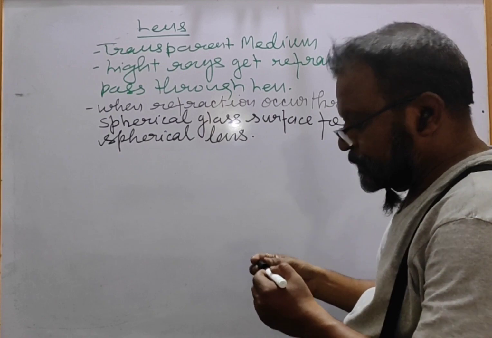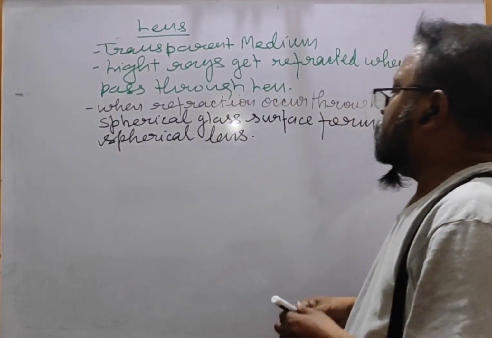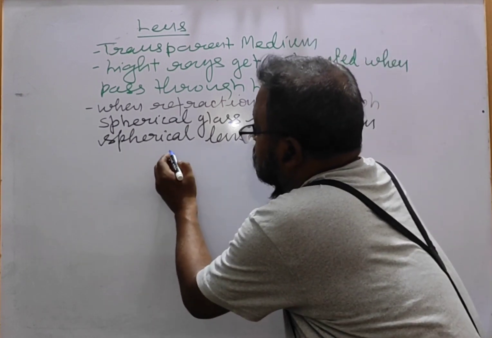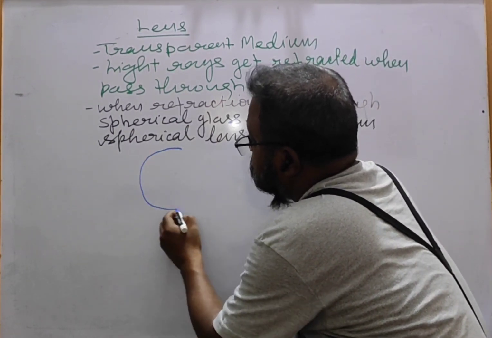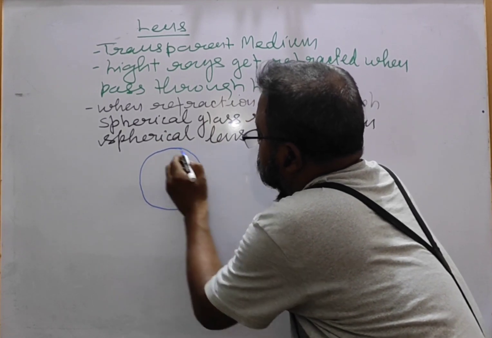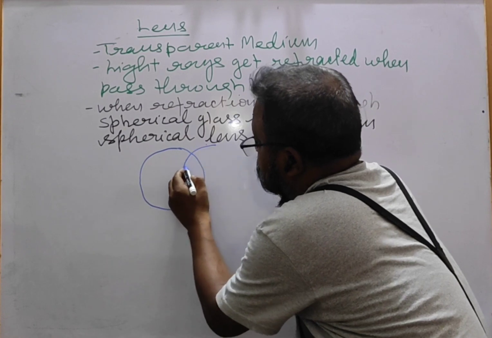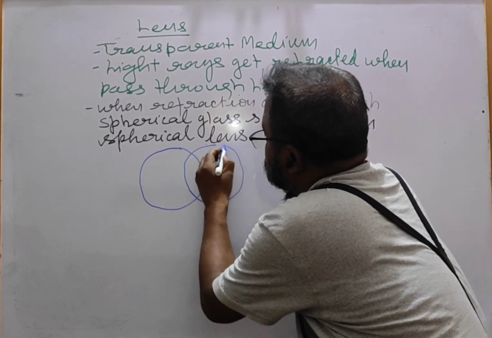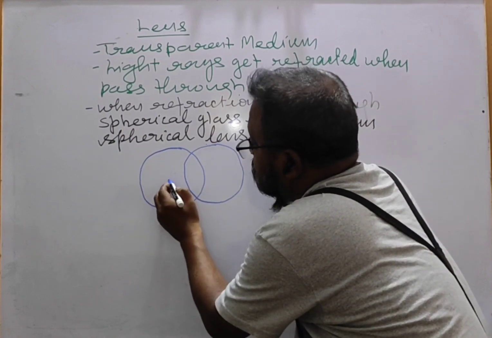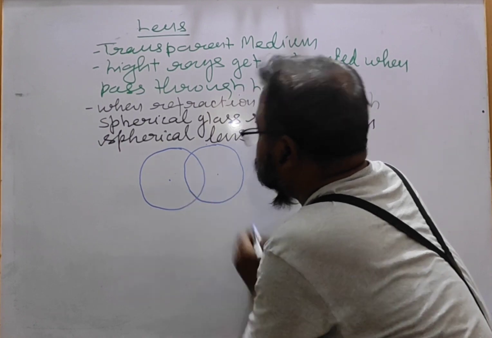Okay, so if you take two spheres like this, one is like this, another one is like this, right? This has a center.